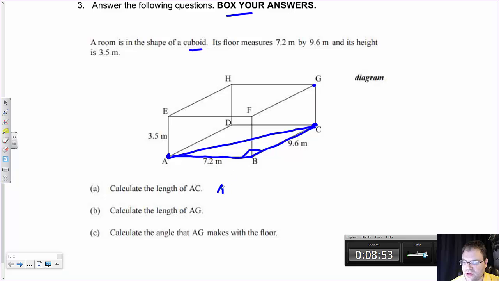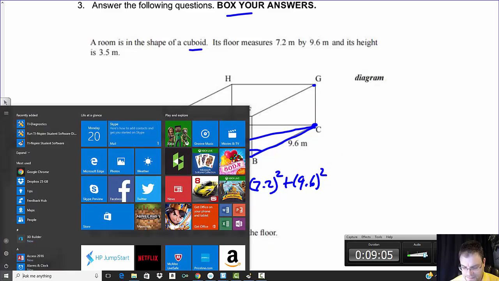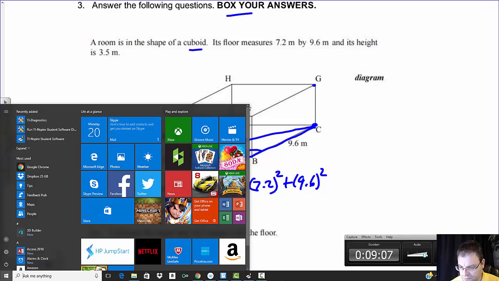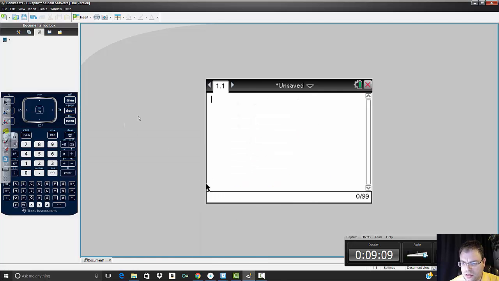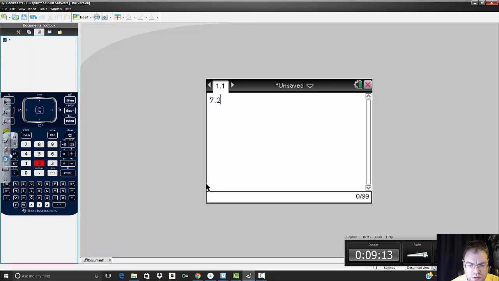So I'm going to say AC squared is equal to 7.2 squared plus 9.6 all squared. All right, so let's go ahead and use a calculator. So what is 7.2 squared plus 9.6 squared?